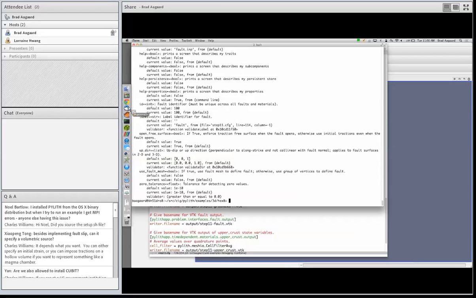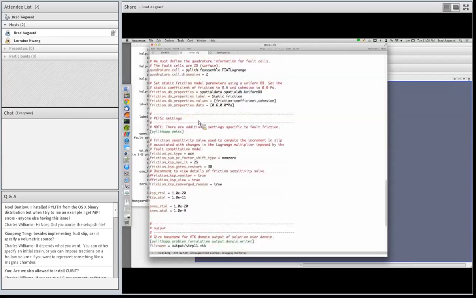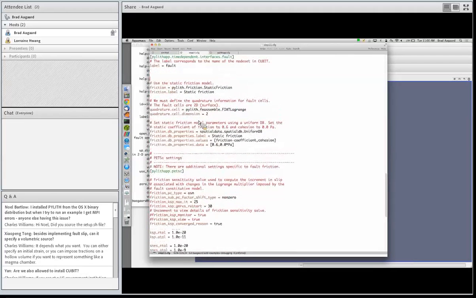So if I use 10 to the minus 10, then let's back this off to 10 to the minus 9, and let's do 10 to the minus 11. Up here, this is within my fault, so I would put something like zero tolerance equals 10 to the minus 10.